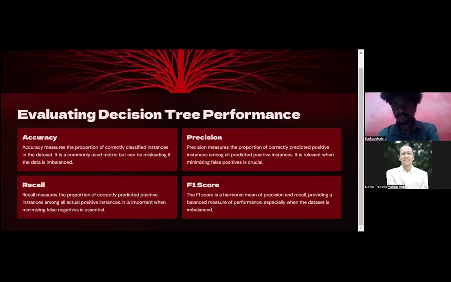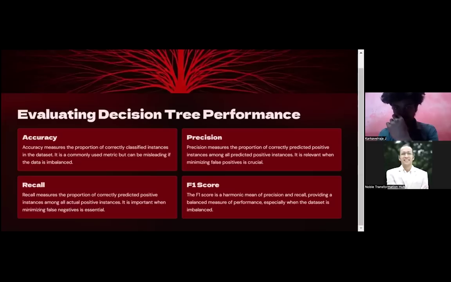For example, suppose you have 10 data points. Out of that, six are predicted as positive instances. Then out of those, two are falsely positive.